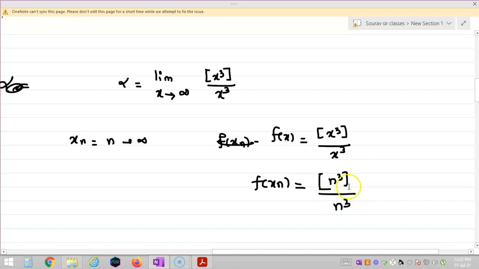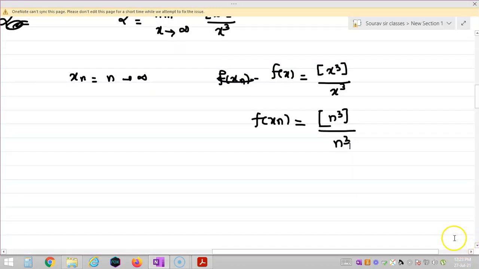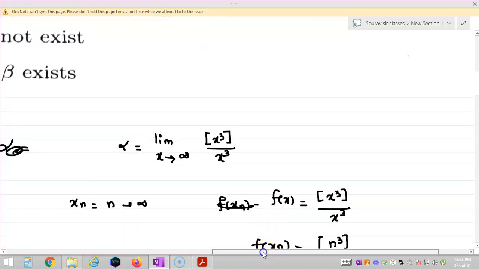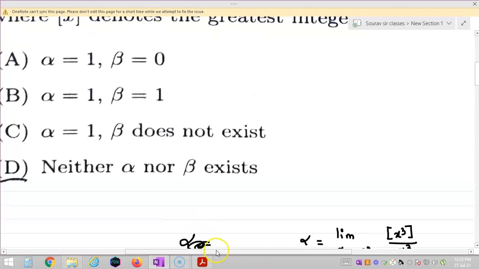Observe that as n is a natural number, n cube is a natural number, so the greatest integer of it is n cube, and n cube by n cube is equal to 1. Now if this limit exists, then it must be 1.